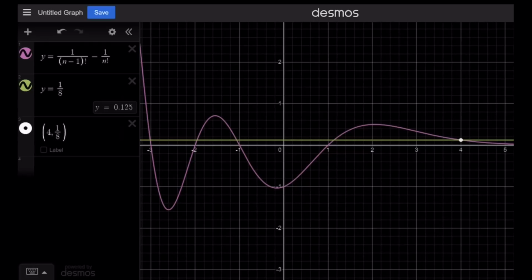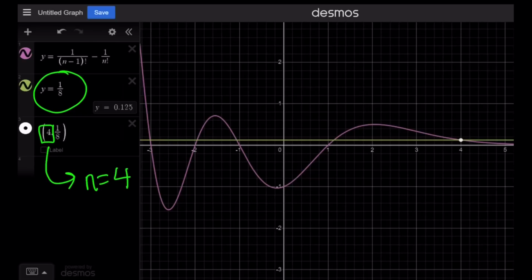And our line y equals 1 over 8 intersects this interesting graph very many times. You don't see the whole thing, but it's just going to keep intersecting. You're going to have infinitely many solutions that are not integers, but the only integer solution is going to be at n equals 4. Okay, so let's take a look at the gamma function, and we'll just finish up.